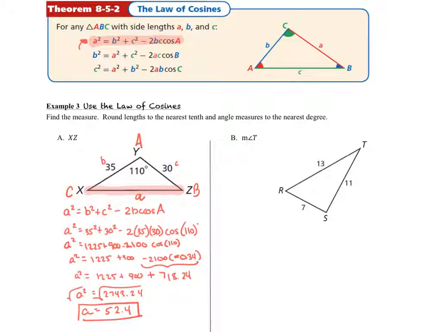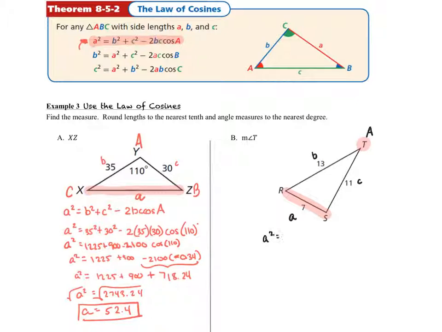Now for example B, I'm looking for the measure of angle T. So I'm going to use side T as my starting point, like the A squared. I'll just call this A, capital A, and this is B, and this is C, because the B and the C don't matter, remember.